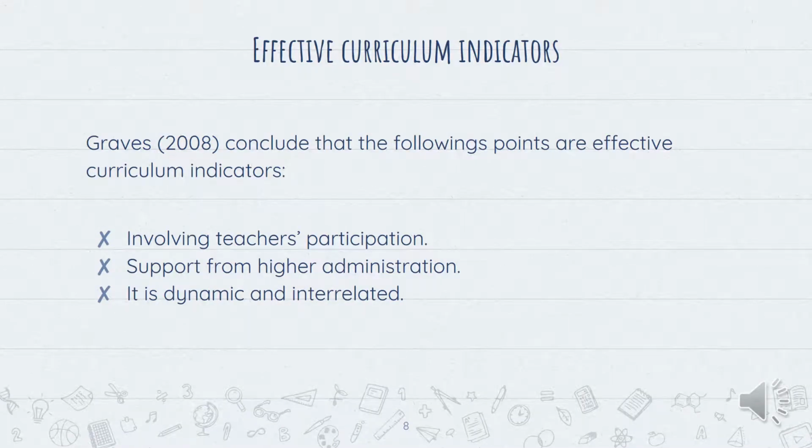Okay, before passing to the effective curriculum indicators, it can be concluded that a successful curriculum will never be linear because it is dynamic and interrelated with different aspects such as planning, enacting, and evaluating. And this leads us to the indicators that Graves concludes are effective curriculum indicators: involving teachers' participation, support from higher administration, and that it is dynamic and interrelated.